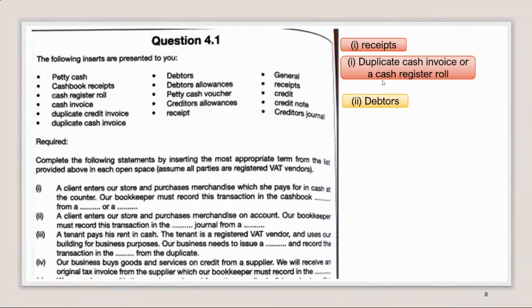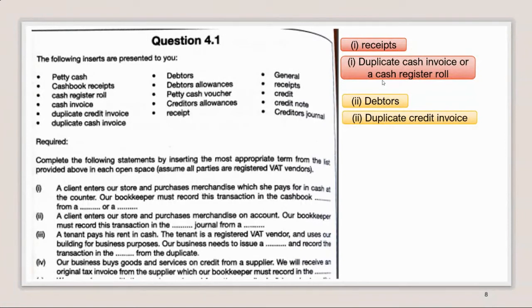No. Remember, the debtor's allowance is if we return something. So I'm asking you what document would we have as evidence that our debtor actually purchased something from us? Maria, yes, it would be a credit invoice, but remember it would be a duplicate credit invoice because we gave the original to our customer.